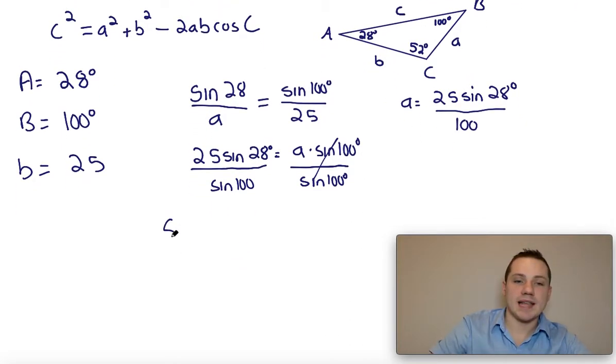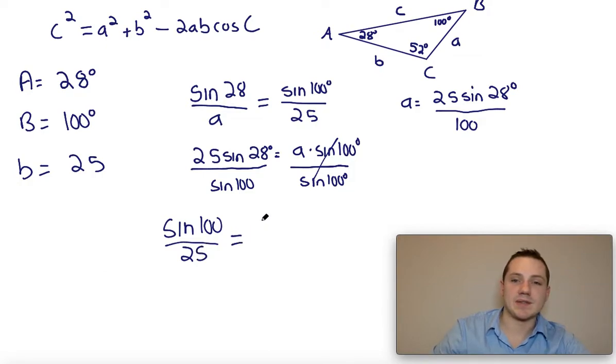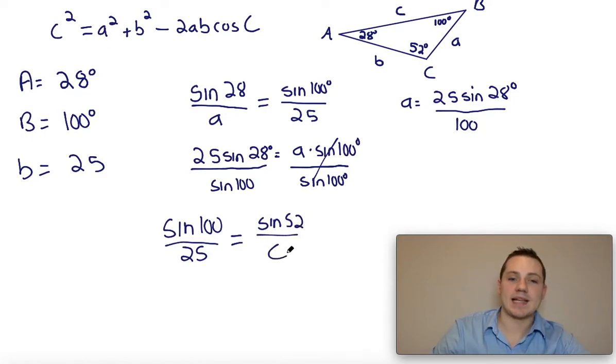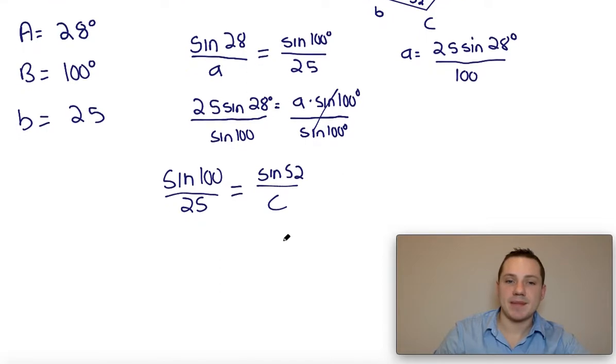So plugging into that, I'm going to use the B one, sine of B, which is sine of 100, divided by B, which is 25. And I'm going to set that equal to sine of C, which is sine of 52, divided by side C. And I'm going to do the same thing I did last time, where I start by cross multiplying.